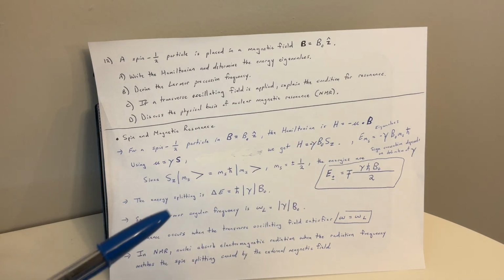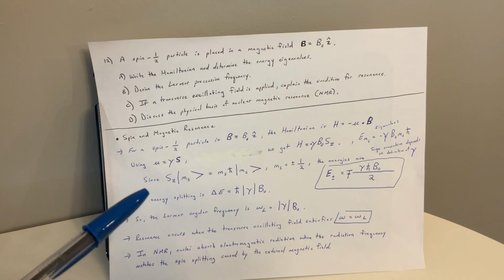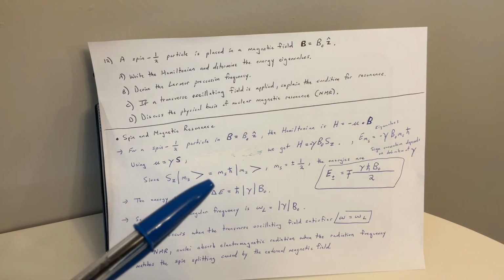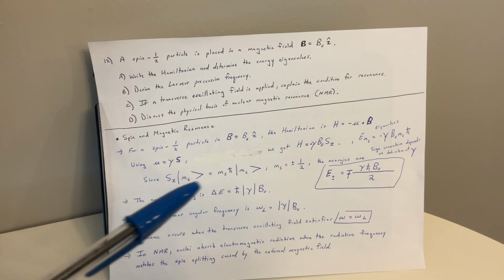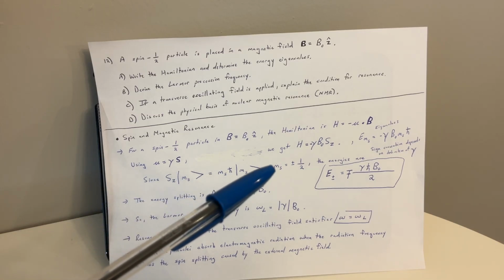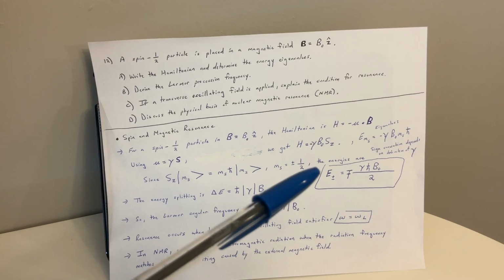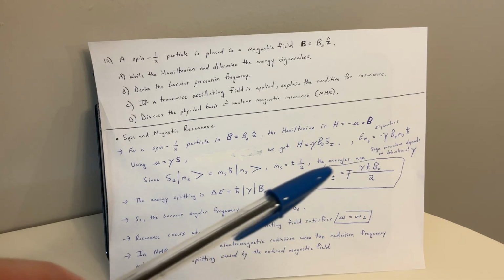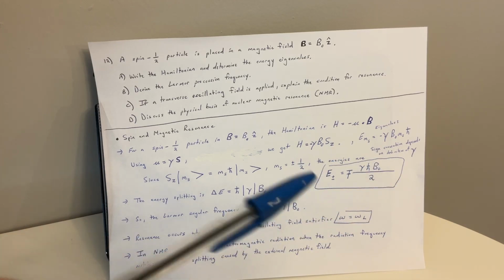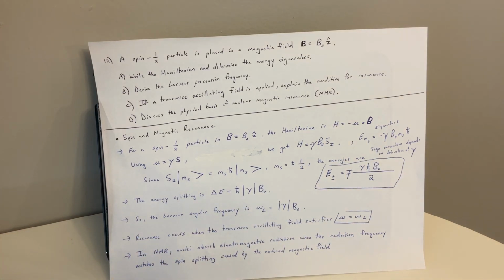Here m sub s equals plus or minus 1/2. The energies are E plus or minus equals minus or plus gamma h bar B naught over 2.